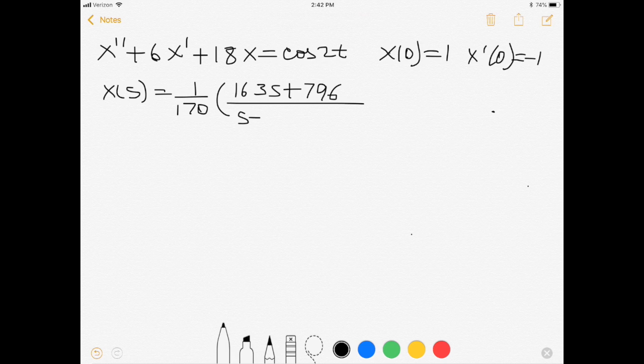I rewrite it as a sum of squares: s plus 3 squared plus 9, and plus 7s plus 12 over s squared plus 4.